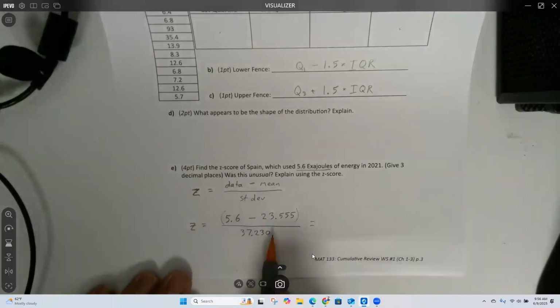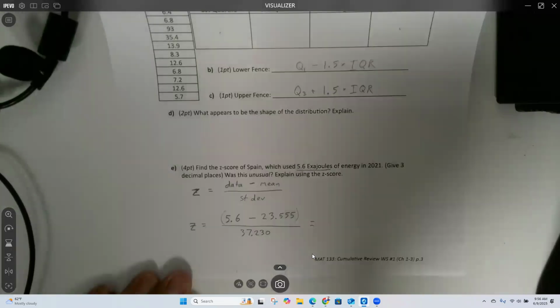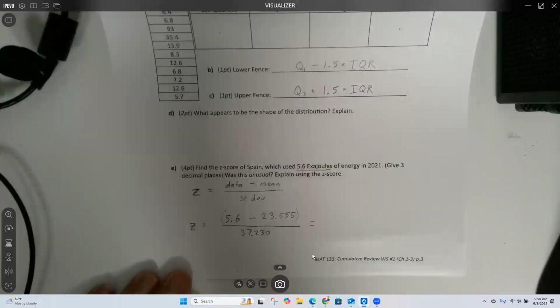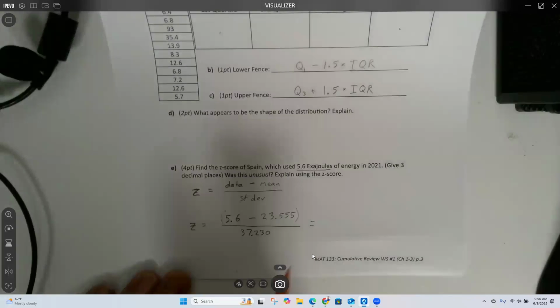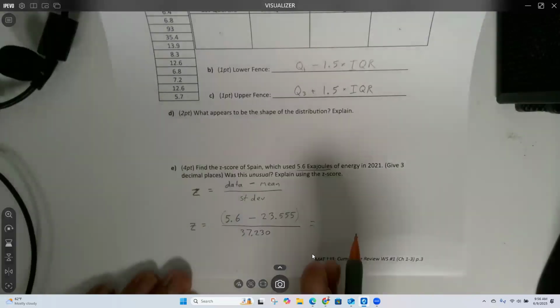Standard deviation is going to take your data and break it up into buckets called standard deviations. So you can have one standard deviation, from the mean up to one standard deviation. You can have below the mean, which in that case would be a negative z-score.